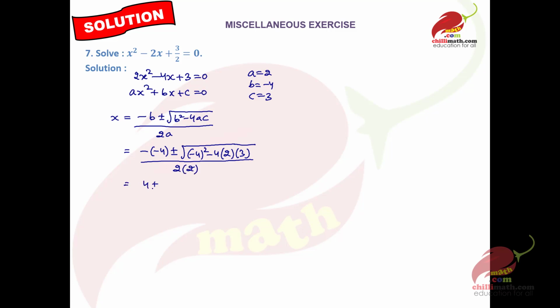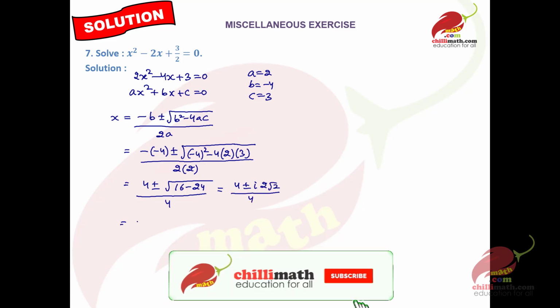Upon solving, we get 4 plus minus square root of 16 minus 24 over 4. This is 4 plus minus square root of minus 8, so iota will be there, and the square root of 8, that is 2 root 2, by 4.